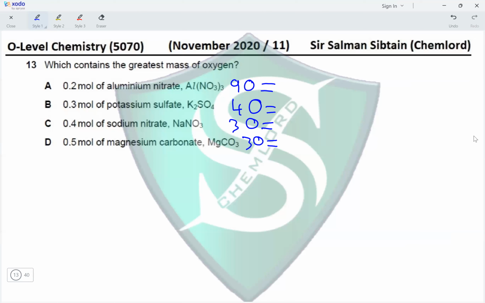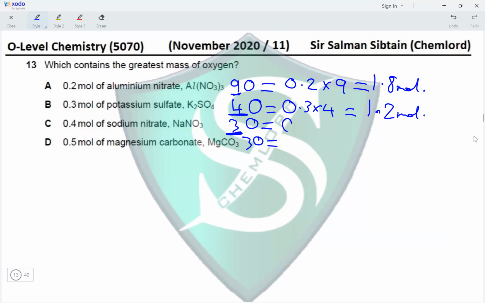So now we have got 0.2. So this would be 0.2 times 9, which would give us 1.8 moles. Next is 4 moles. So this would be 0.3 times 4, giving us a value of 1.2 moles. Next, we've got 3 moles of oxygen. So 0.4 times 3. This also gives us 1.2 moles of oxygen.